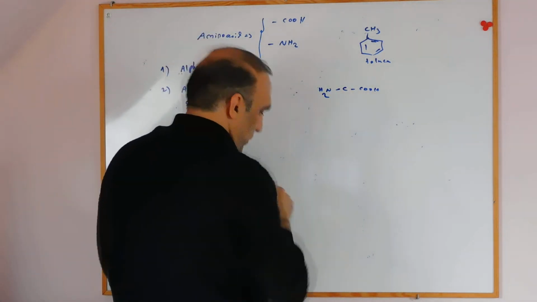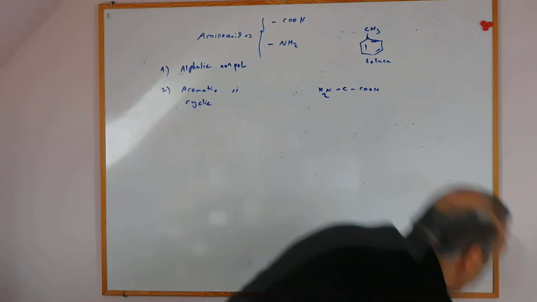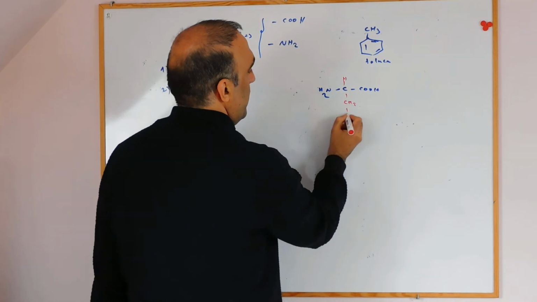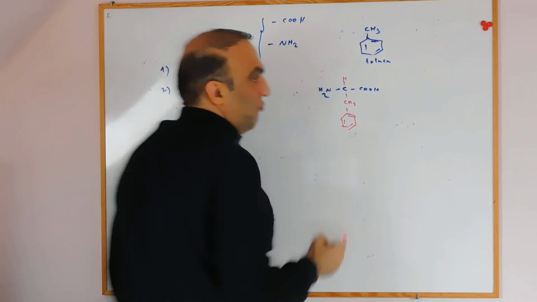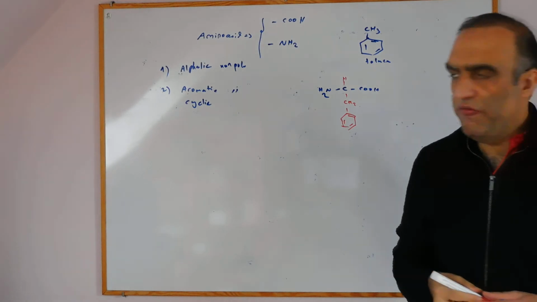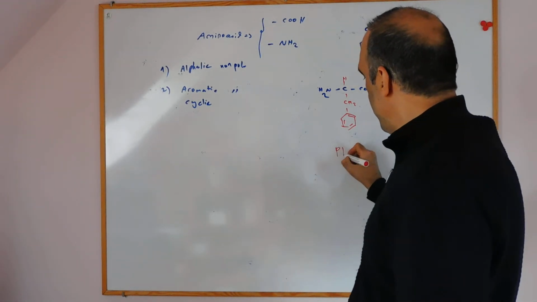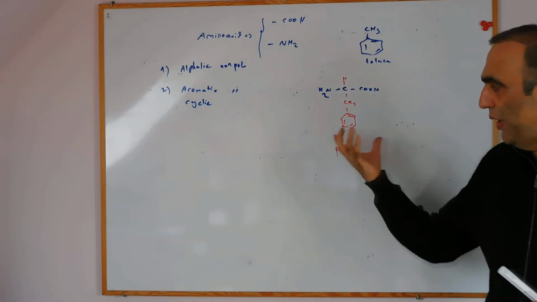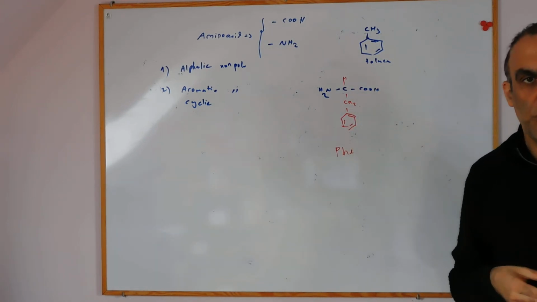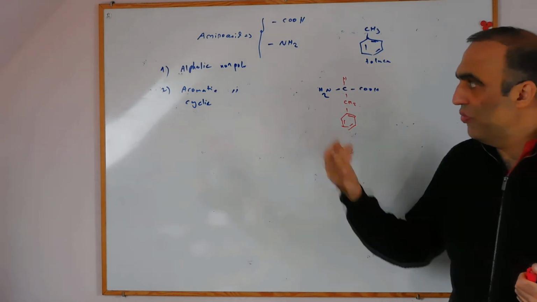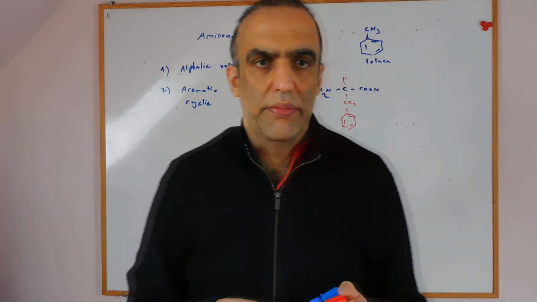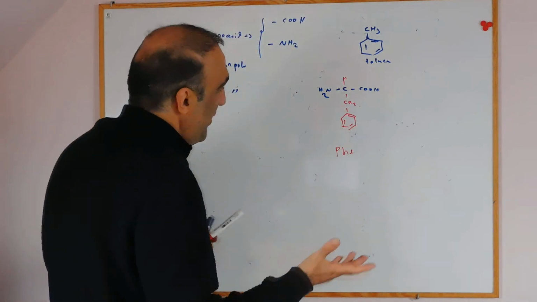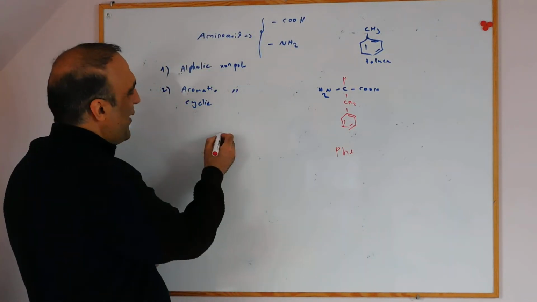It has a hydrogen, CH2, and one benzene group. As you see here, this amino acid is phenylalanine. It's very easy. It has a benzene group which binds to the CH2, and it is a cyclic or aromatic nonpolar side chain.